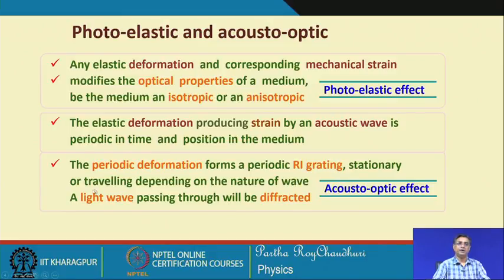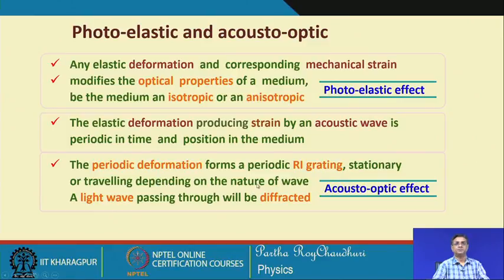Now, if a light wave is passing through such a medium, it will see a dynamic periodic refractive index grating, and as a result this light wave will be diffracted. This effect we call the acousto-optic effect, that is the change in the optical properties by an acoustic wave travelling through a medium, whether the medium is isotropic or anisotropic. This effect is always there.